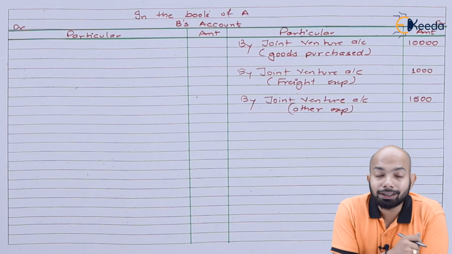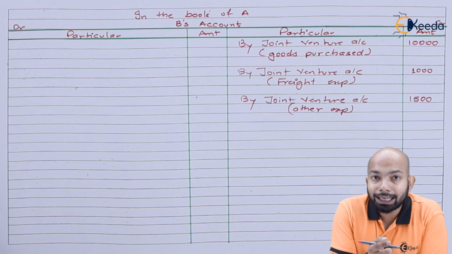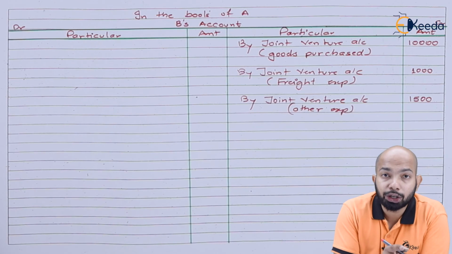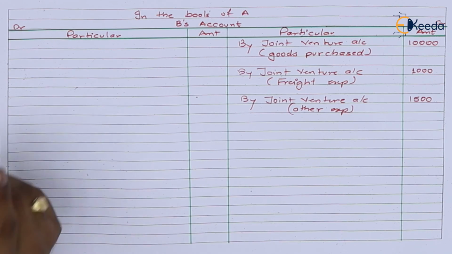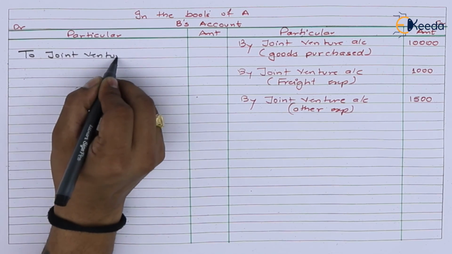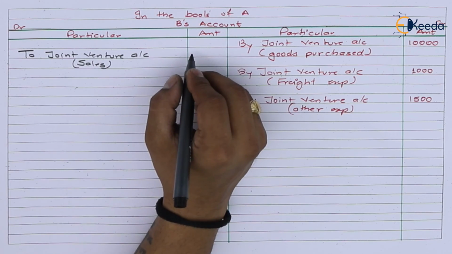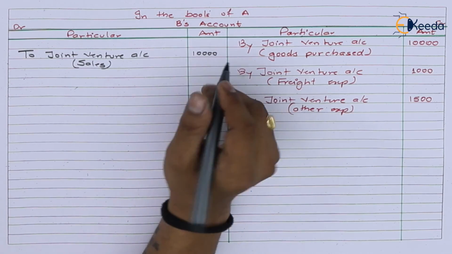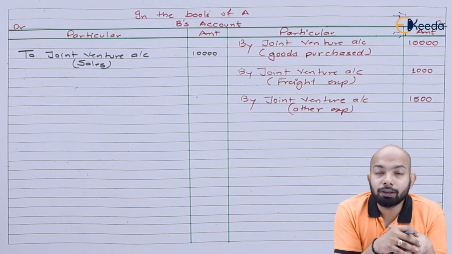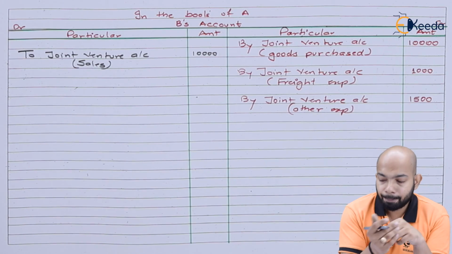Now let's record the sale transaction. So the entry when the sale happened was B's account debit to joint venture. So on the debit side of B it will be to joint venture. So the total sale done by B was 6,000 plus 4,000, that is 10,000, that has been mentioned there.